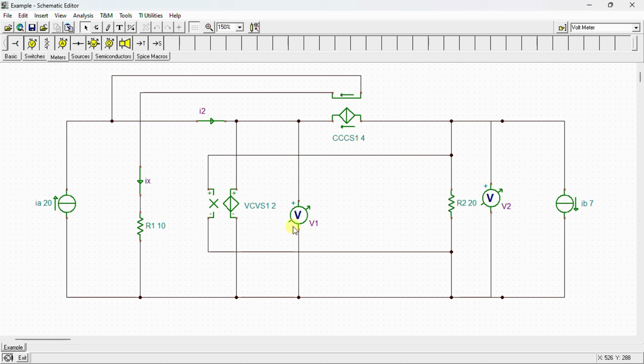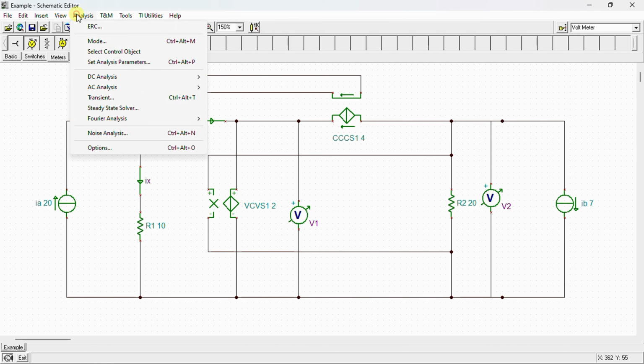In order to measure the node voltages V1 and V2, I connect here a voltmeter to measure the node voltage V1, and I connect here the voltmeter to measure the node voltage V2.